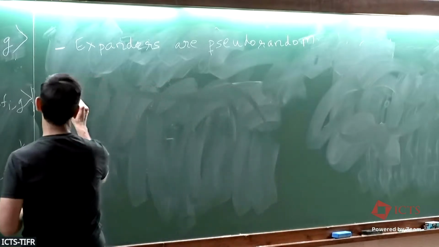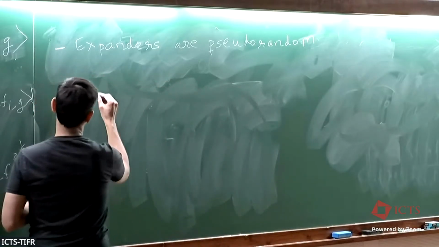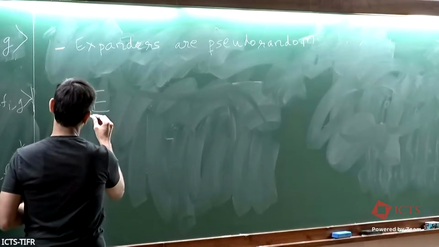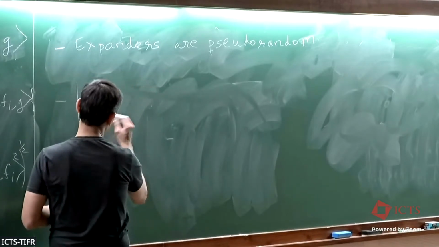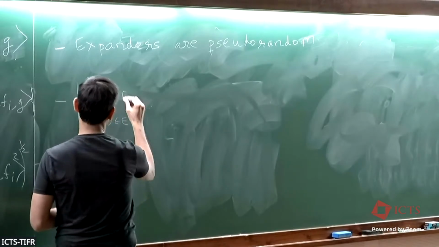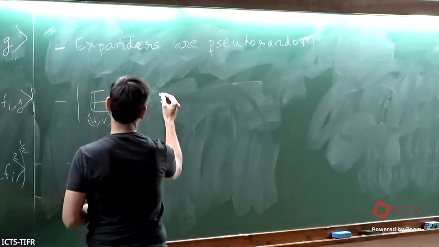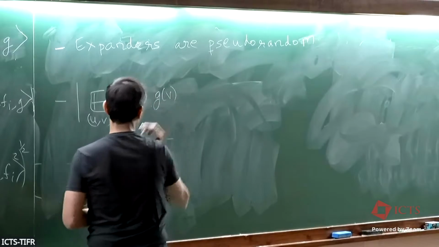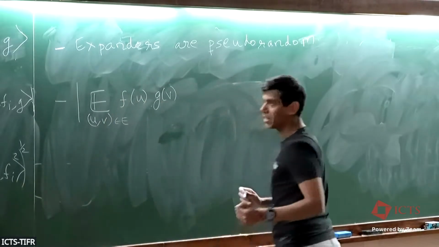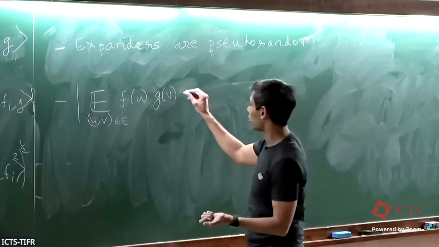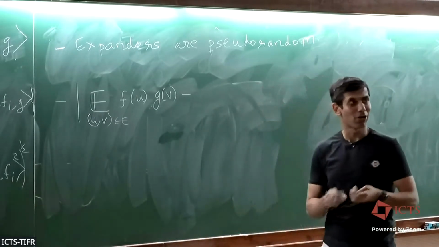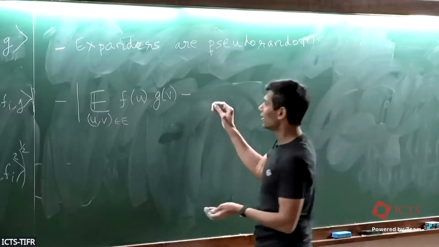Another interpretation comes from the second statement that we wrote down and the exercise I assigned. We can think of F A bar G as picking a random edge and calculating the product of F of U times G of U. And the second term is just the expectation of the inner product of F with 1, which is just the expectation of F, because we defined this inner product using expectations.